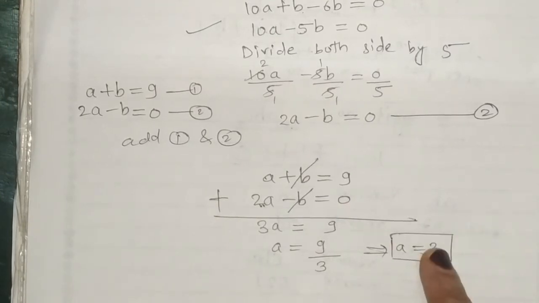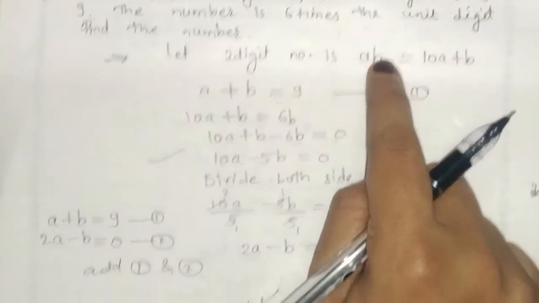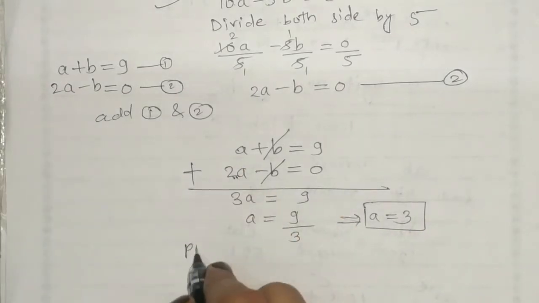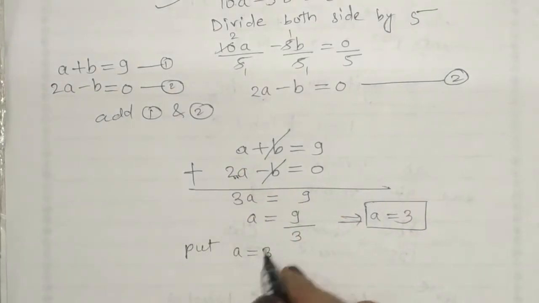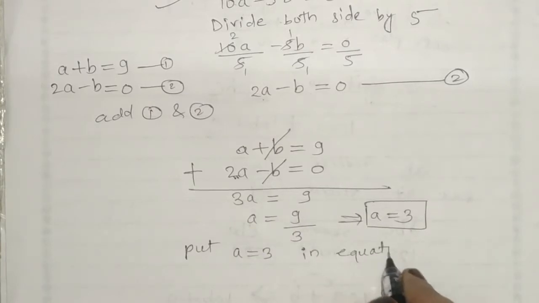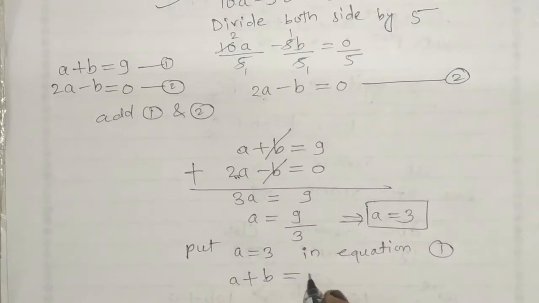We got our A. A is the tens place digit. Now we want to find B. So we'll put A is equal to 3 in any equation. Suppose I put it in equation number 1. We have equation number 1, A plus B is equal to 9. We'll keep A's value here.